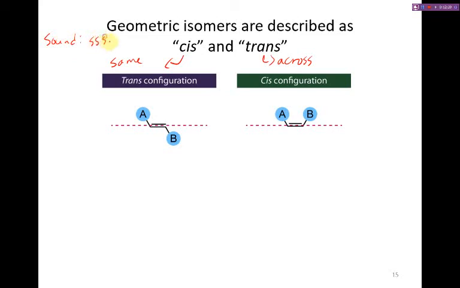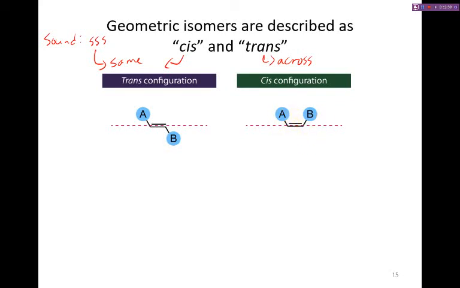It makes the "s" sound, as does the word same. So cis is on the same side. When we look at these cis versus trans configurations, in the trans configuration you have to cross the double bond for these groups to get from one group to the next. Whereas in the cis configuration, they're on the same side of the double bond. You don't have to go across the double bond.